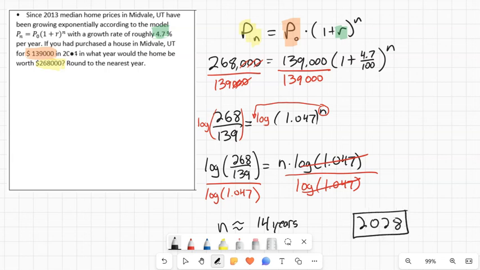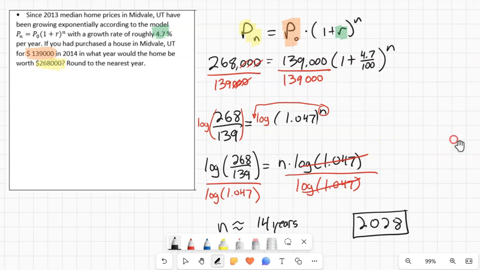That's the year in which we will pass the value of 268,000. At the beginning of that year, it won't quite be there, it was 264,000 or so. At the end of that year, it'll be over that. So during that year, it will reach 268,000.